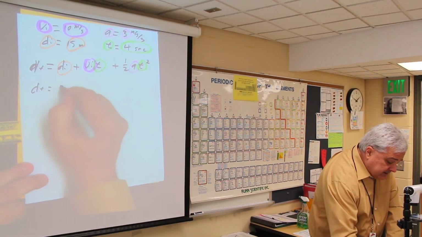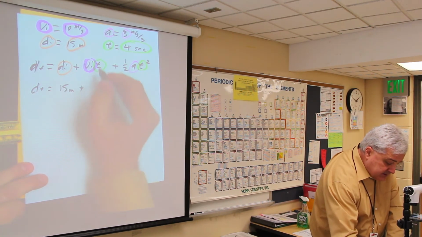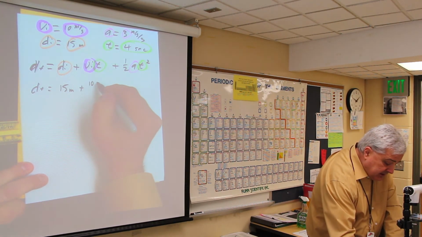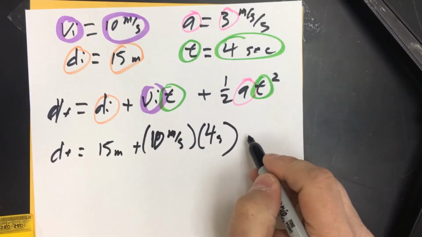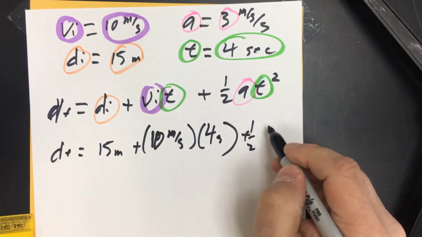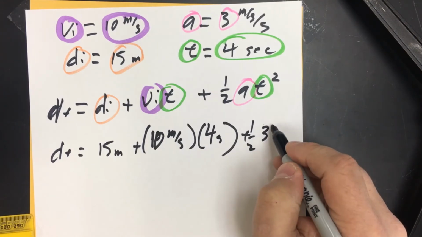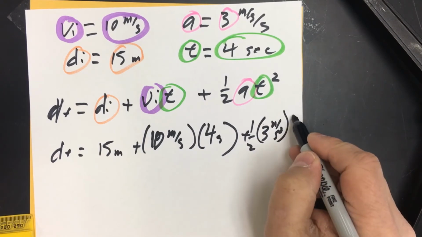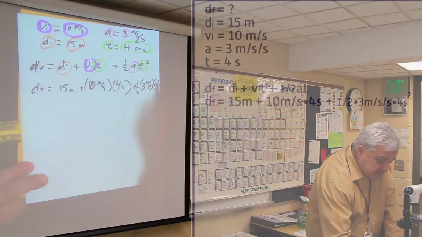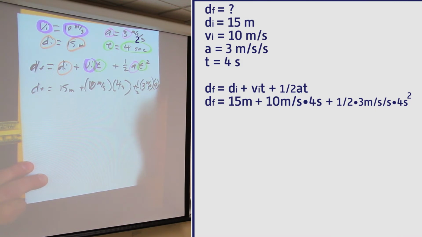So d sub i is 15 meters plus v sub i is 10 meters per second times 4 seconds plus 1/2 times 3 meters per second squared times 4 seconds squared.